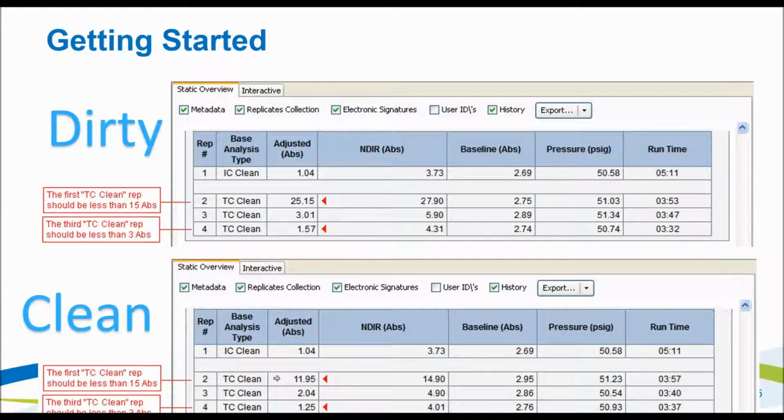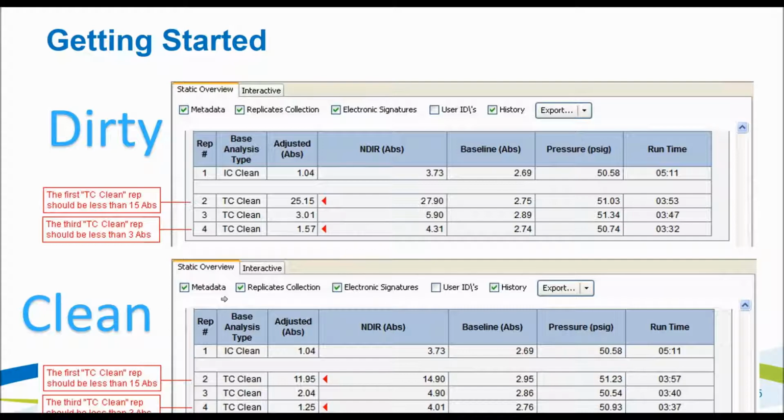And then here's an example of a clean system. Again, the first TC clean should be under 15 ABS counts, and the fourth should be under 3 ABS counts. So here's an example of a good system that's ready to run method 643.